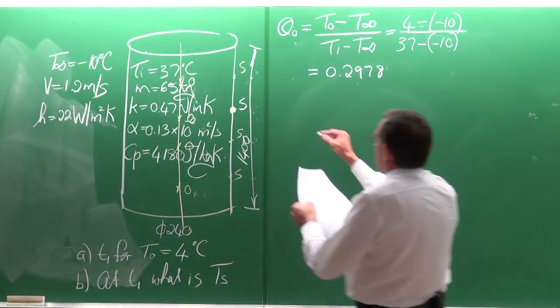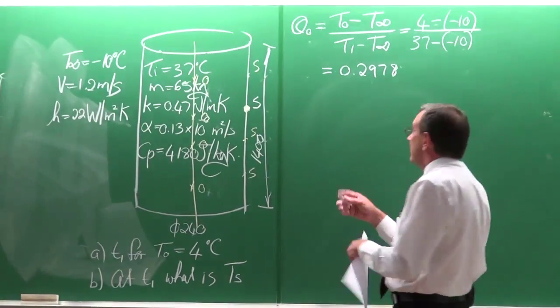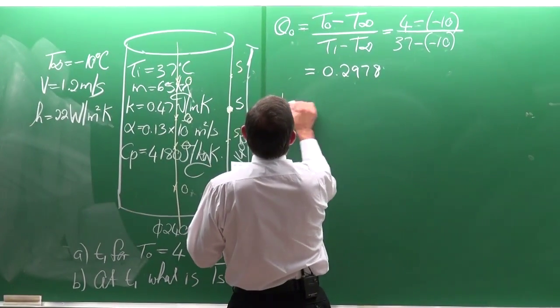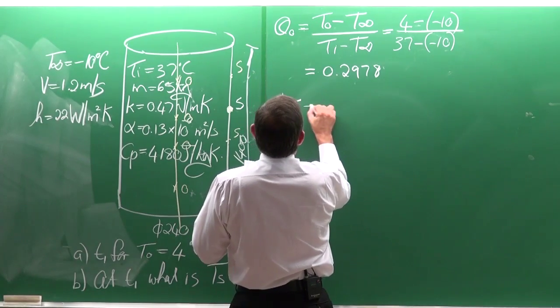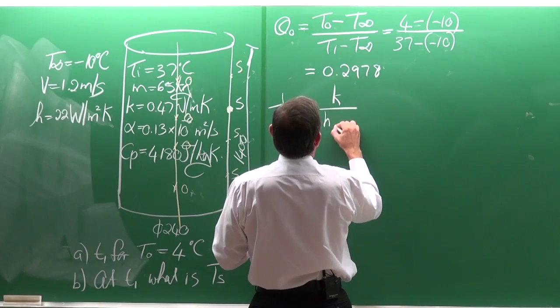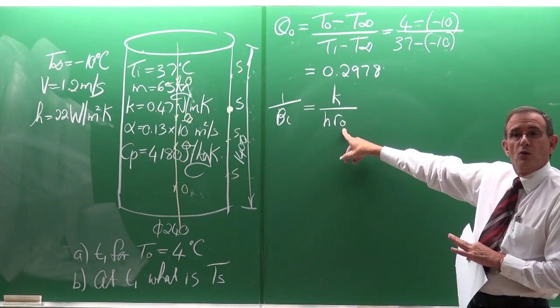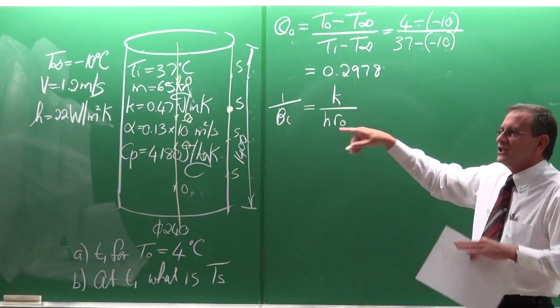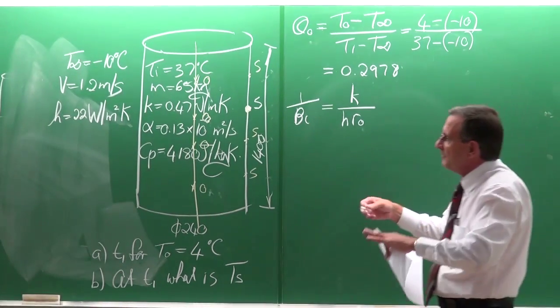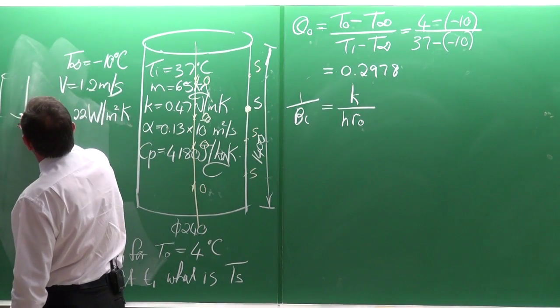Then on that graph, the other thing that we can calculate is 1 divided by the Biot number. The equation is given to us, k divided by h R0. If you're not sure what R0 is, just look on the graph.